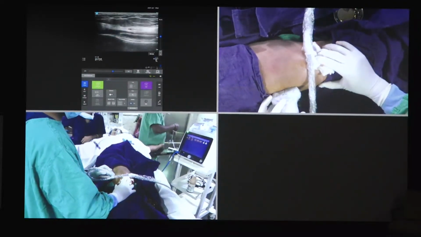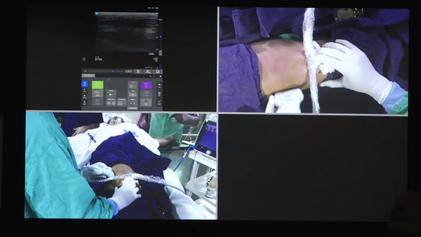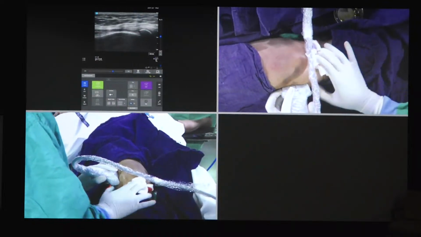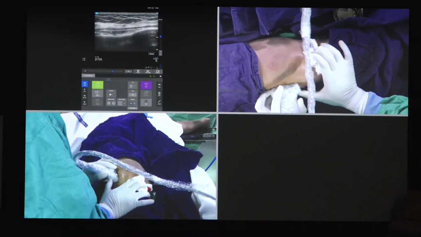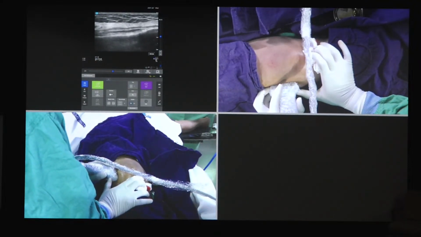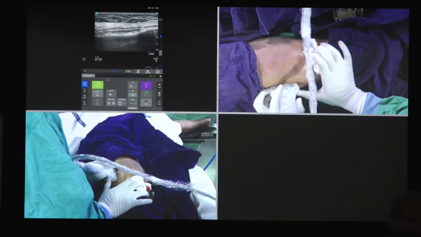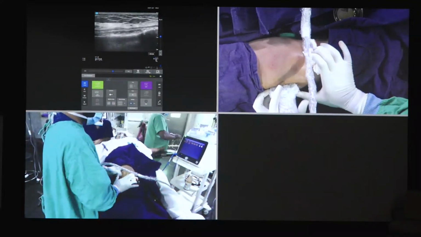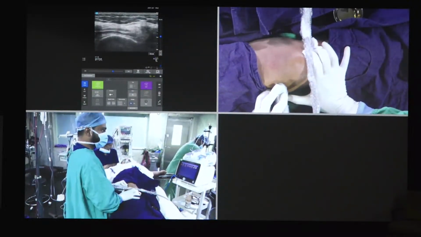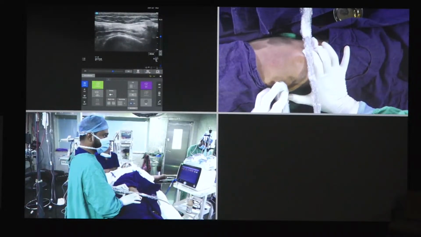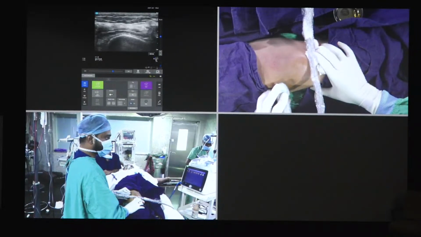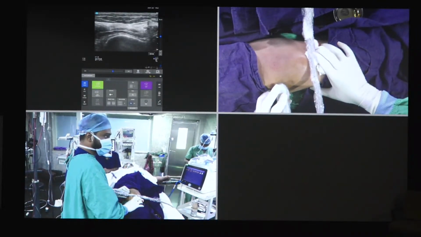Okay, and if you can see the probe position, we start again with the long axis to the femur, and this is simple, just find the junction of the shaft and condyle, and you will see the pulsation exactly at the center, and that is your genicular artery again. And after you identify the artery, we turn the probe to short axis of the femur, again identify the artery in long axis, and then do the lesioning there. So this is a lateral branch of nerve to vastus intermedialis.